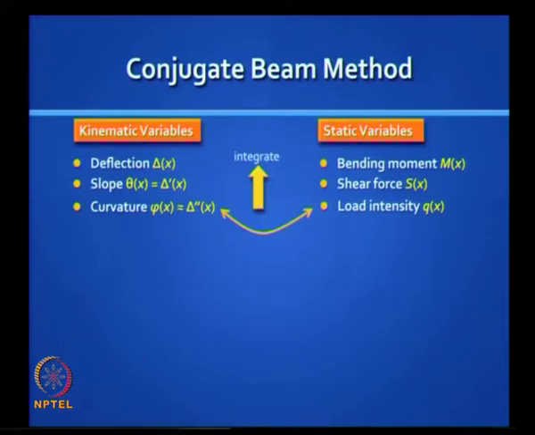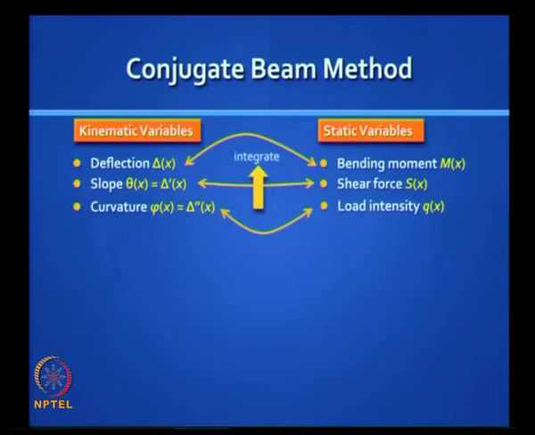So if you have the same beam in which you apply the curvature diagram as a load intensity diagram, then the shear force in that beam would naturally correspond to the slope or the rotation, and the bending moment in that imaginary beam would correspond to deflection.